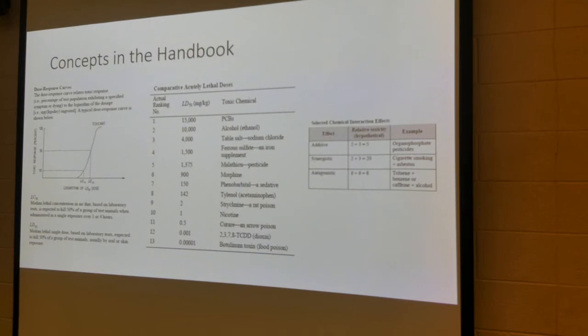And they have this table comparing some lethal doses. So far from my experience, I have never seen a use for this table, but it is there in the manual. So it might be something they create a problem around, about the toxicity of PCBs or the toxicity of morphine, and Tylenol, that's like a common headache pill.